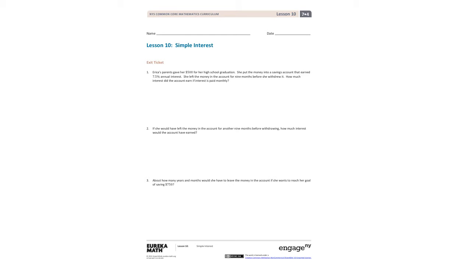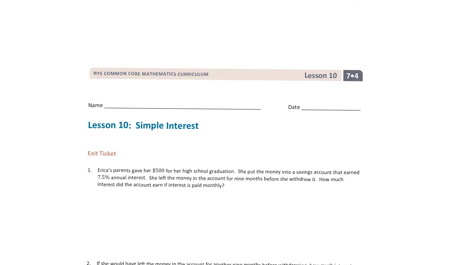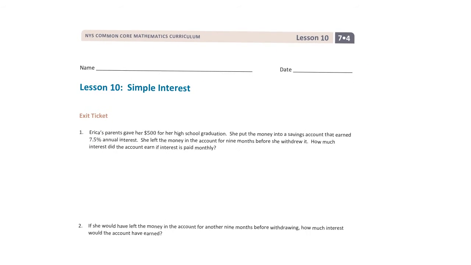Okay, lesson 10 is a review of the lesson we did in the 6th grade work. So hopefully you are remembering the formula: interest equals the principal times the rate times the time.